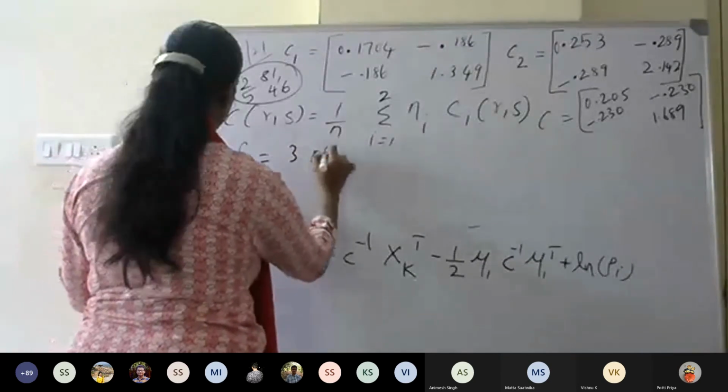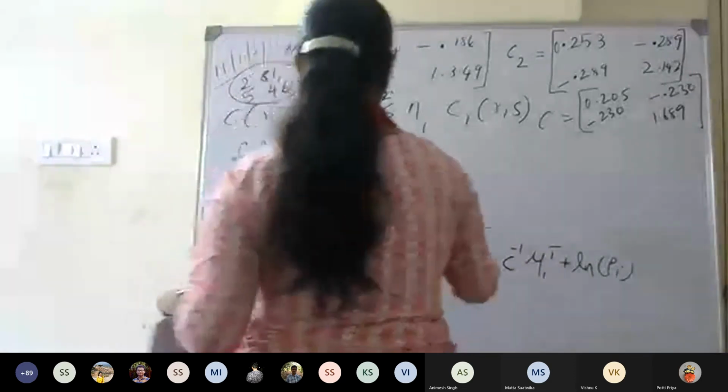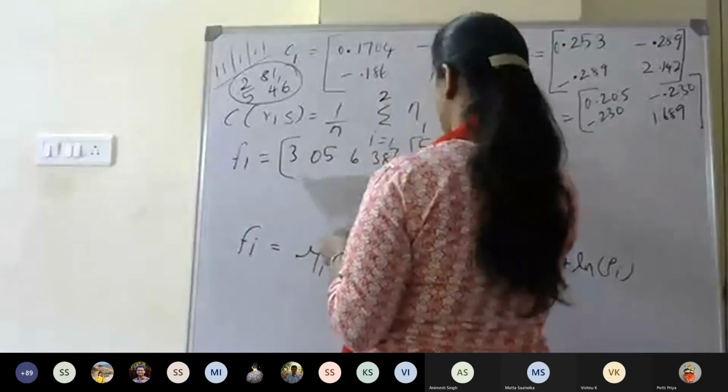For the first class, the mean is 3.05, 6.38. Then the C inverse matrix we have just calculated: 5.745, 0.791, 0.791, 0.701.